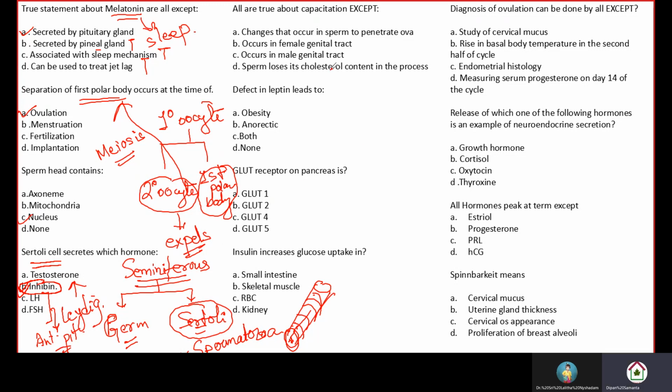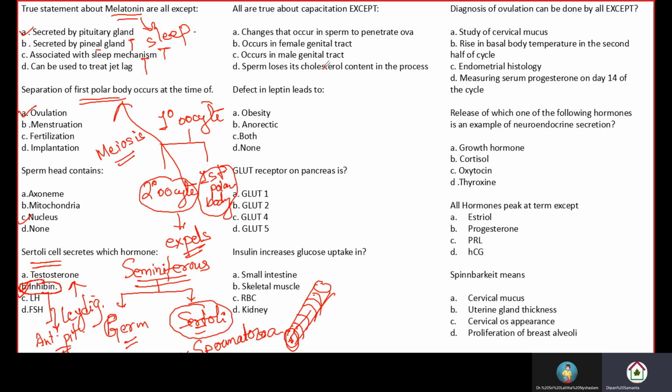Because see, about capacitation. What is capacitation? First of all, we need to know. Capacitation is the process that makes spermatozoa undergo physical change to fertilize an egg in the female genital tract. That means capacitation is nothing but the process of maturation of spermatozoa in order to make it capable of fertilizing an egg or the ova.